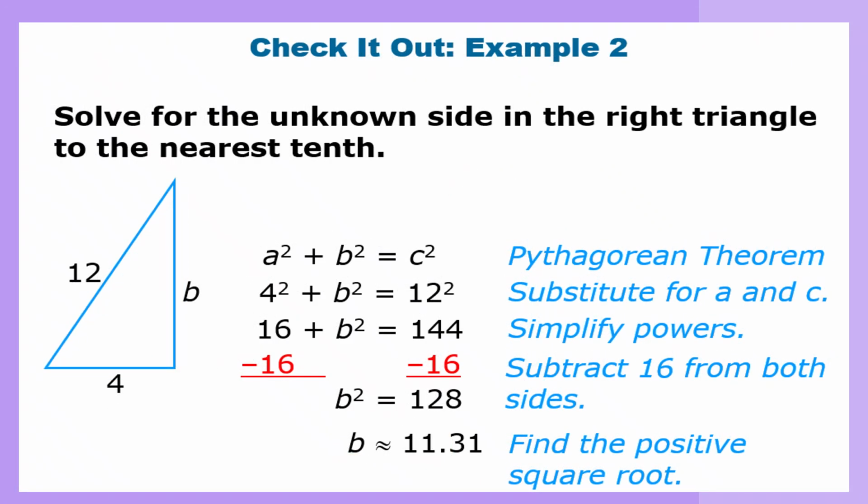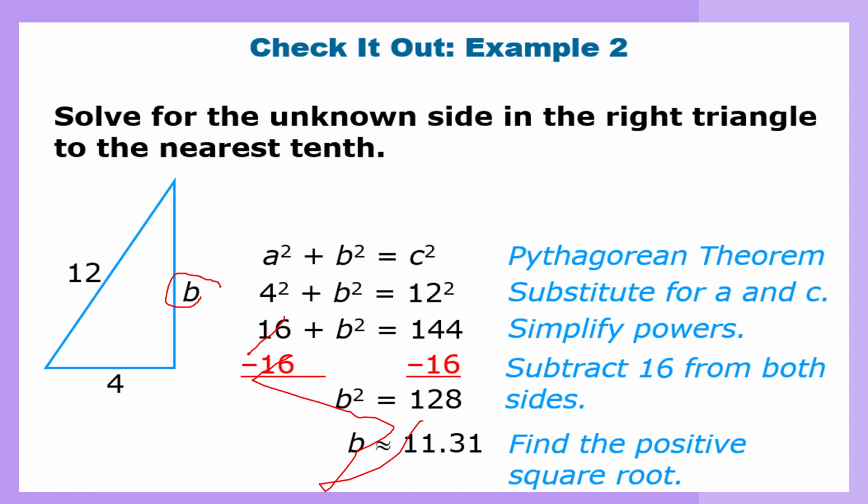Okay, so for the unknown side in the right triangle, we are still looking for b. So we have a squared plus b squared equals 12 squared. Subtract 16. So b squared is equal to 128.